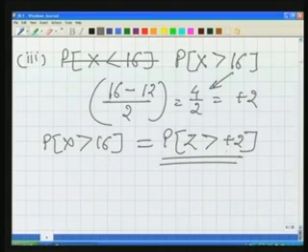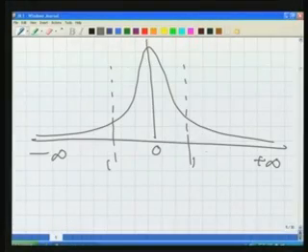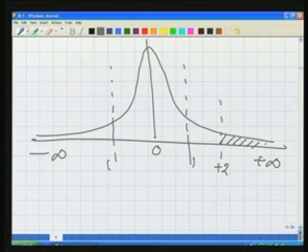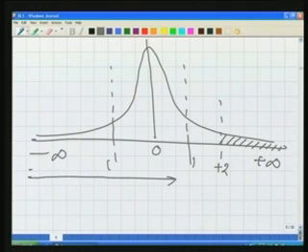We are interested in z being more than plus 2, so plus 2 is somewhere here. Which area are we interested in? We are interested in finding this area. The tables give you the values starting from here, the way your variable increases. So, how to find it?